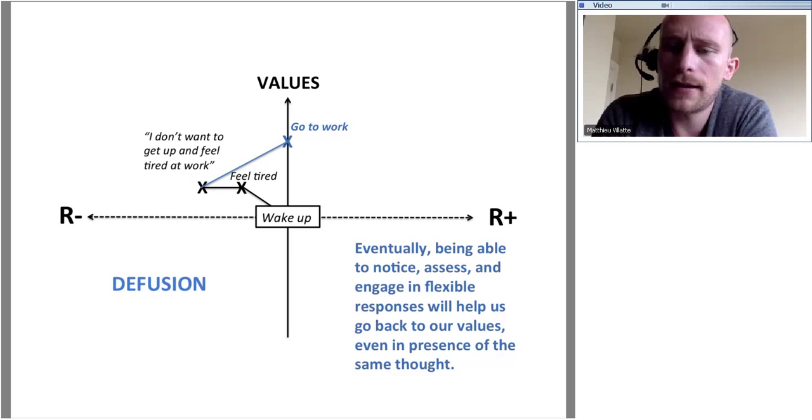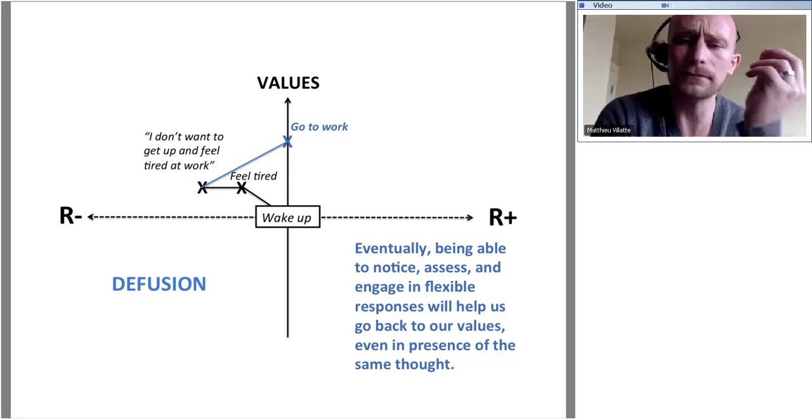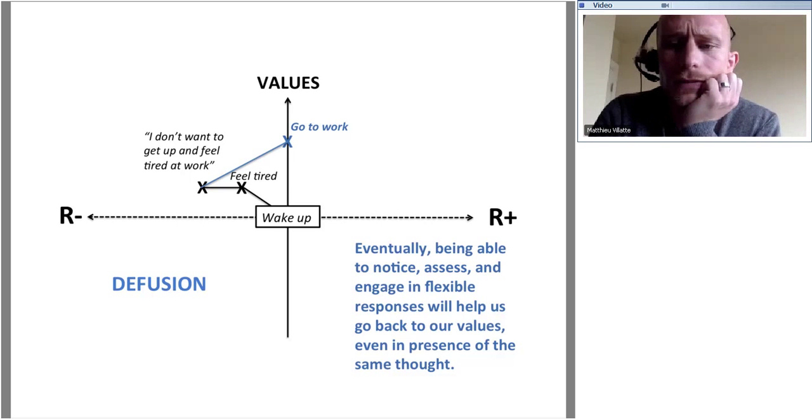Okay. Another metaphor that I really like, because it includes the three dimensions, I think, of fusion and defusion: the awareness, assessing effectiveness, and flexibility. I like to talk about thoughts as a toolbox.